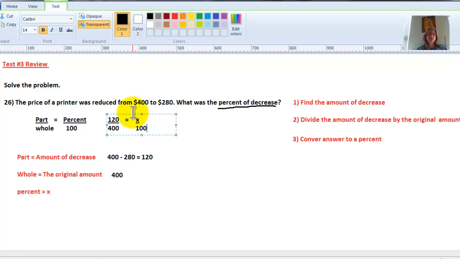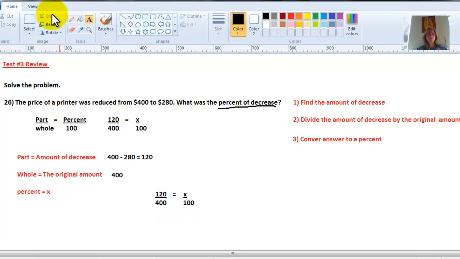So given this, I plugged in these numbers here into this equation, and now I have these numbers to solve the problem. So we'll move it down here and solve it. We're doing it just like we do cross multiplication to solve a proportion.